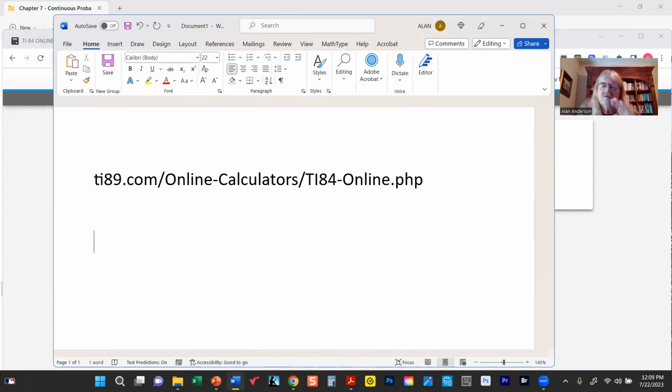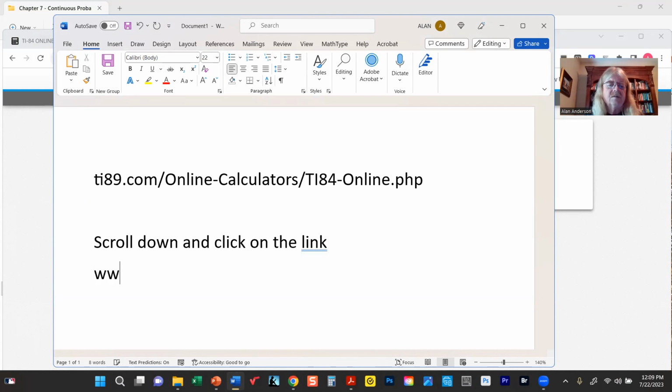Now that should bring you to a website where you are supposed to scroll down and click on the link www.testnav.com. Then you have to hit 2 start buttons, and the layout is very bizarre.